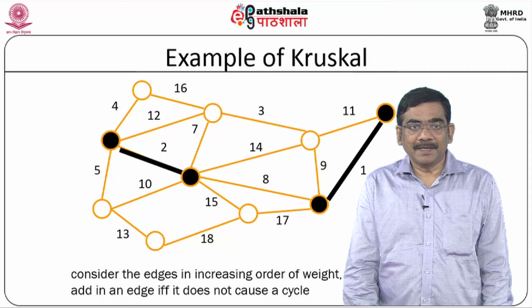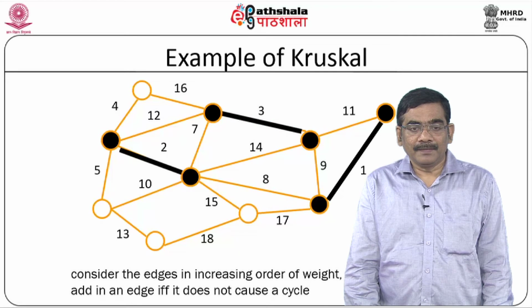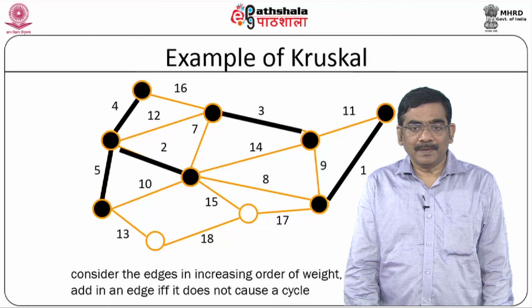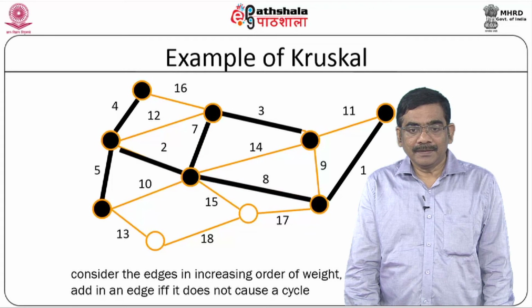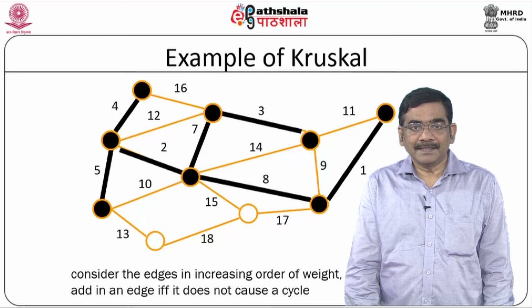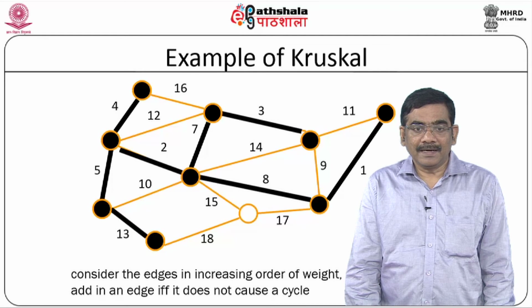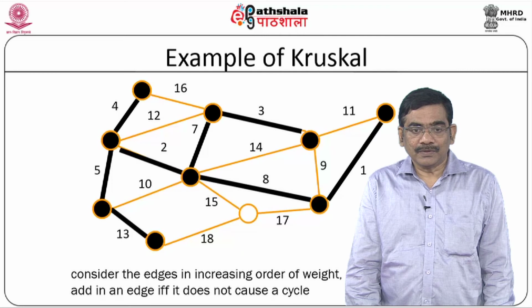I can add this because no cycle is created, then next is 3, then 4, so no problem, 5 is also not a problem at all. 7 is also not a problem, 8 we can add because it does not create any cycle, but 9 we can't add because it can create a cycle. 10 we can't add, 12 we can't add, so 13 is possible.